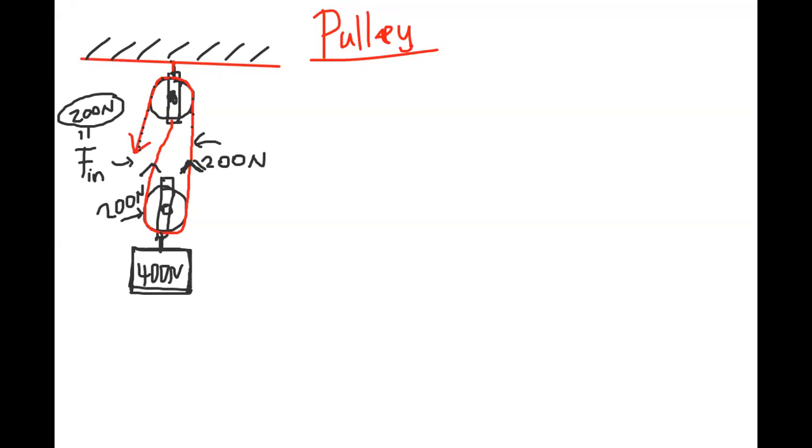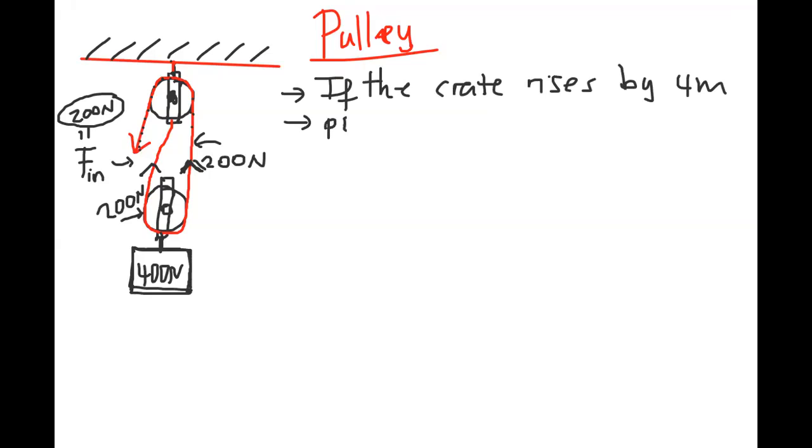Now, imagine if the crate rises by, let's say, 4 meters, right? Then potential energy will be gained. The potential energy gained is mgh, and the mg alone is the weight, which is 400 newtons.